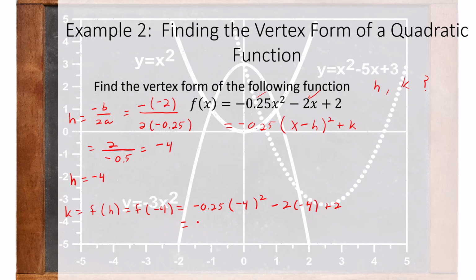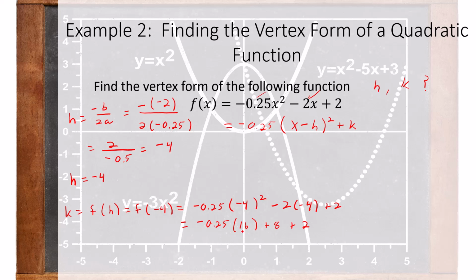Negative 4 squared is 16, so we're going to have negative 0.25 times 16. Negative 2 times negative 4 is positive 8, plus 2, sorry.